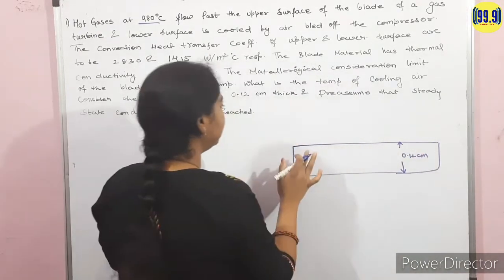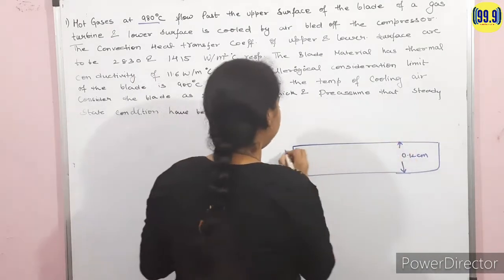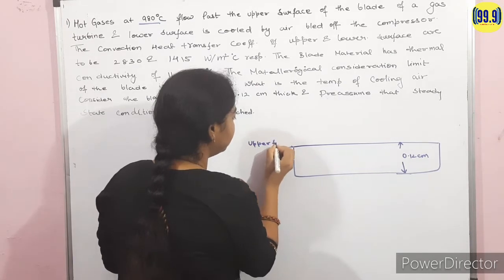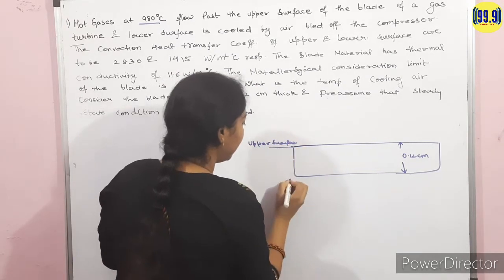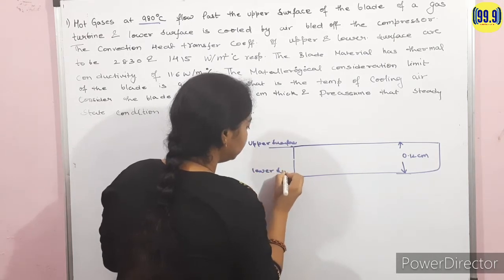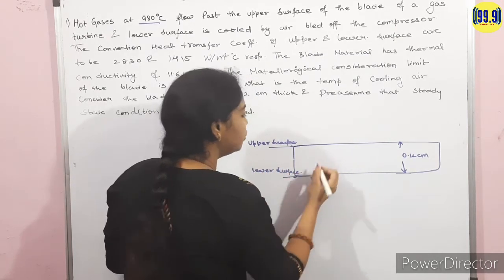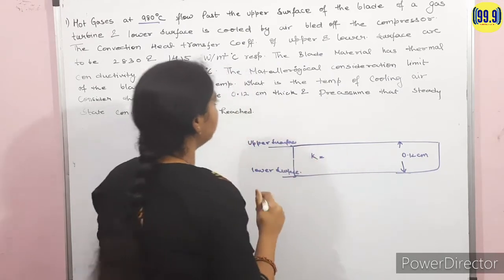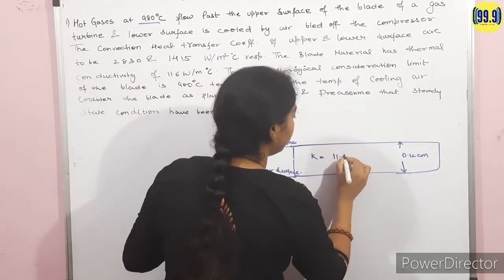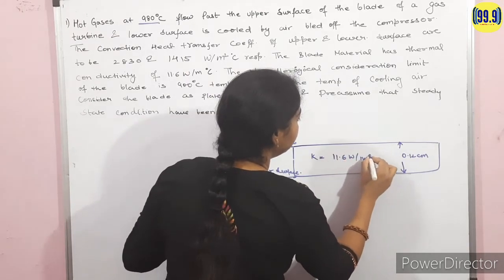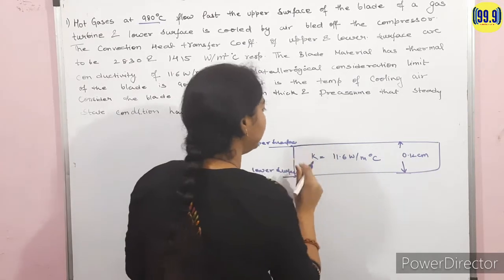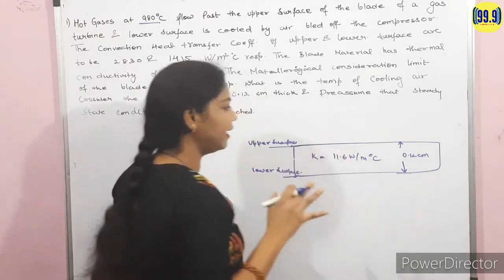If we consider this the upper surface of the blade and this part the lower surface of the blade, the thermal conductivity of the blade is 11.6 watt per meter degree Celsius, and the heat transfer coefficients of the hot air and the cold air are given.